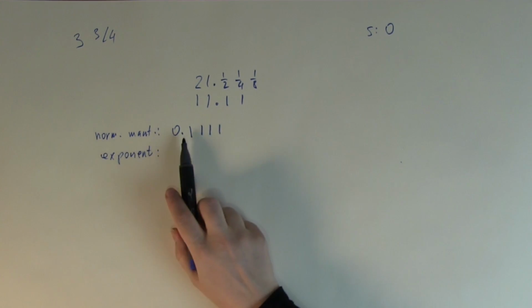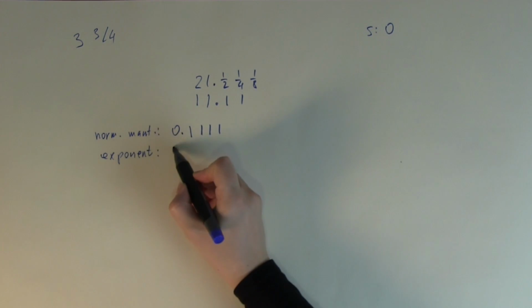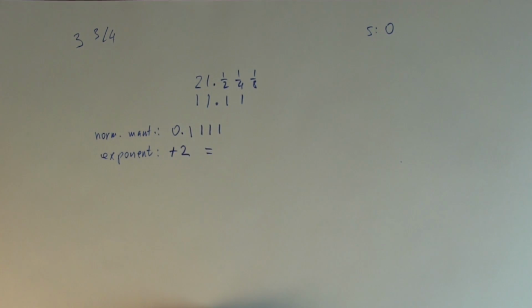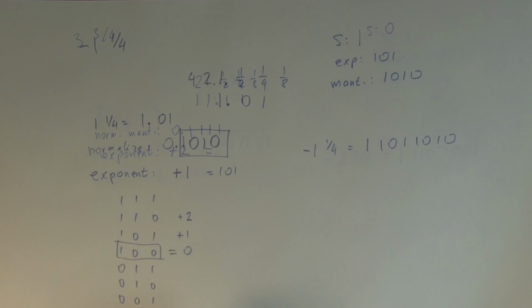And again, what do I need to tell the computer to do to move back to the original number? The computer again has to move 2 places in the positive direction. Now that's handy because we already found positive 2 in the excess notation, as we had to use the same thing for the previous example, and that is 110.